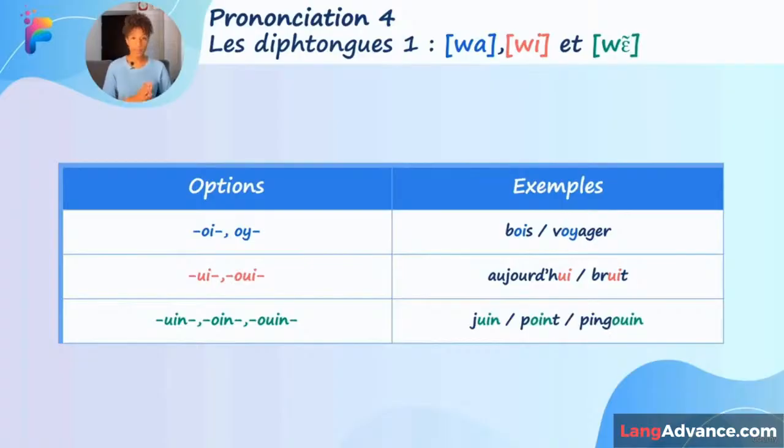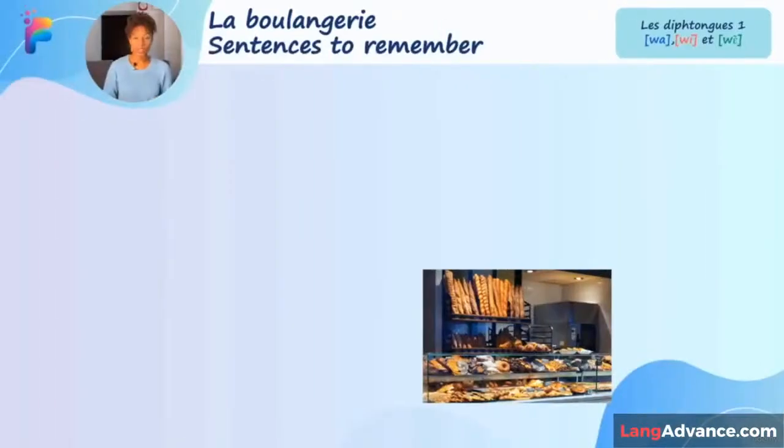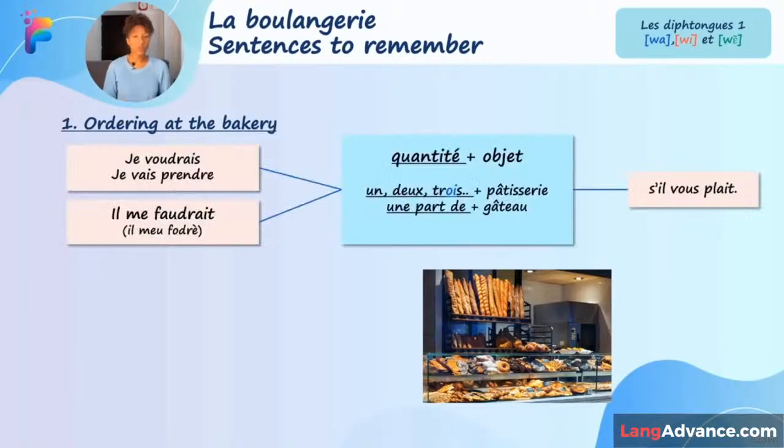La boulangerie, at the bakery, sentences to remember. Ordering at the bakery. Some of those sentences we already know, we've used them previously. So let's start with je voudrais. Je voudrais is I would like.